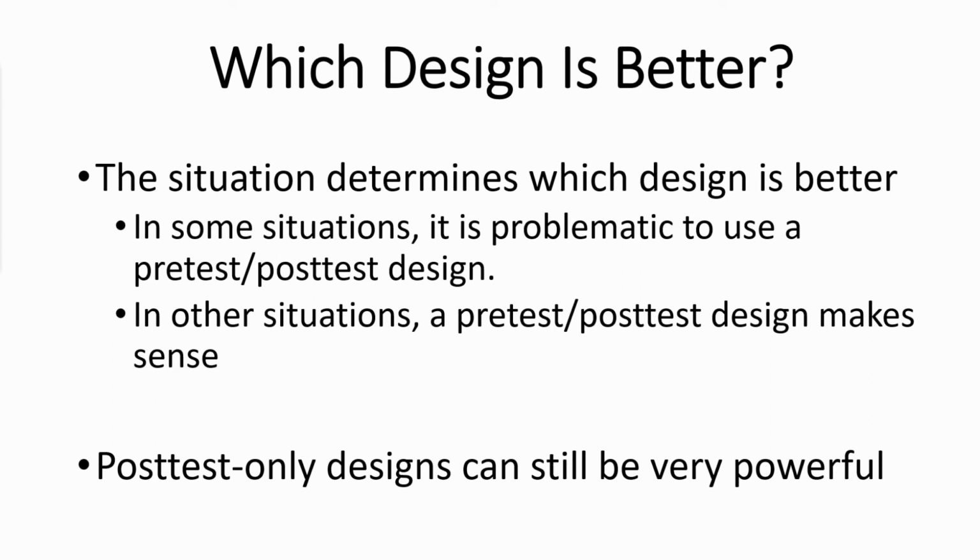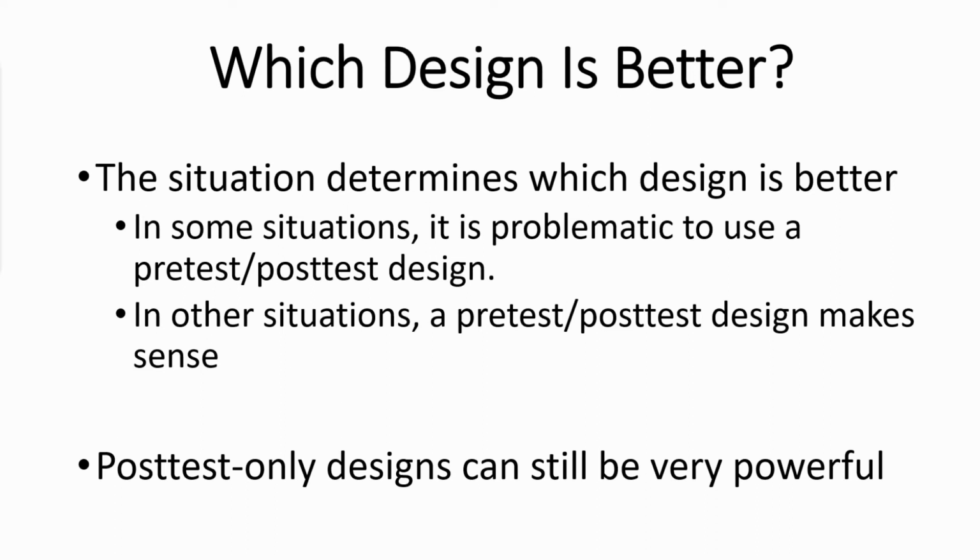So in some situations, it's not really possible to use a pretest post-test design. So, for example, if we were using our pasta example from the very beginning, and you wanted to test how much pasta people can eat, it doesn't really make sense to test how much pasta they eat before you expose them to a manipulation to test how much pasta they can eat, because they'd be full and they wouldn't be able to eat any more pasta.